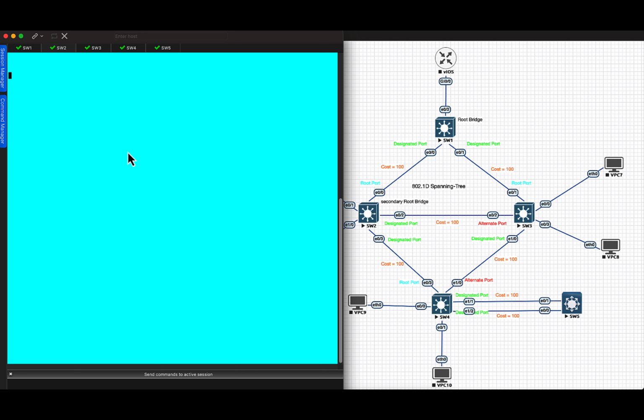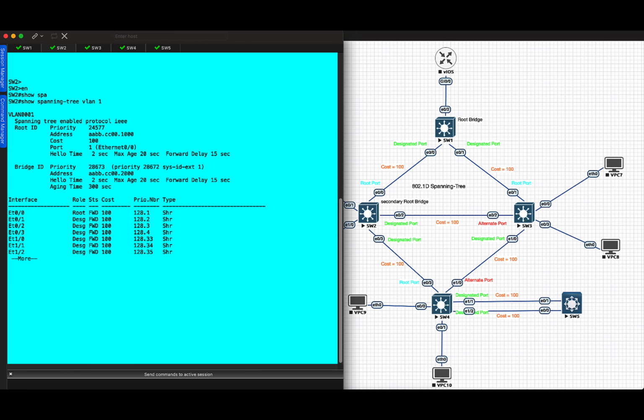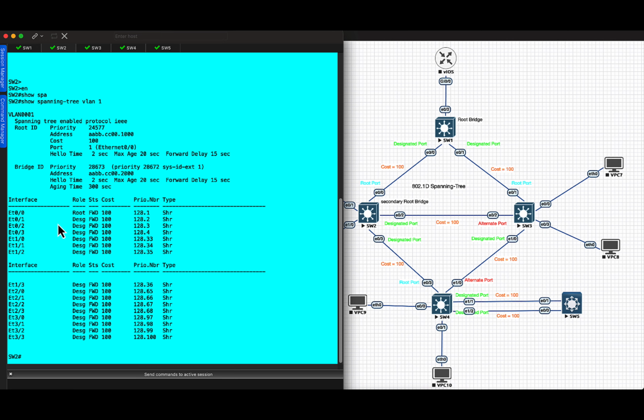So we go to switch 2. We do show spanning-tree VLAN 1. Switch 2 has one of its interfaces as a root port role, and root port is always in forwarding state, and the cost is also 100.